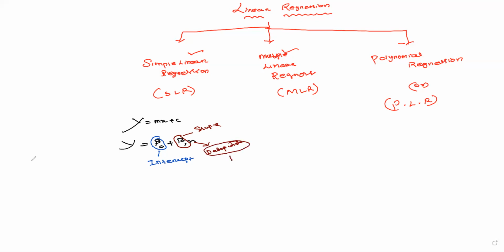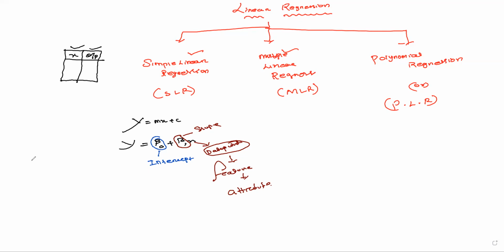Or you can say the attribute. Attribute means, like in simple linear regression, the data set will be like this: one independent variable and another one the dependent variable.